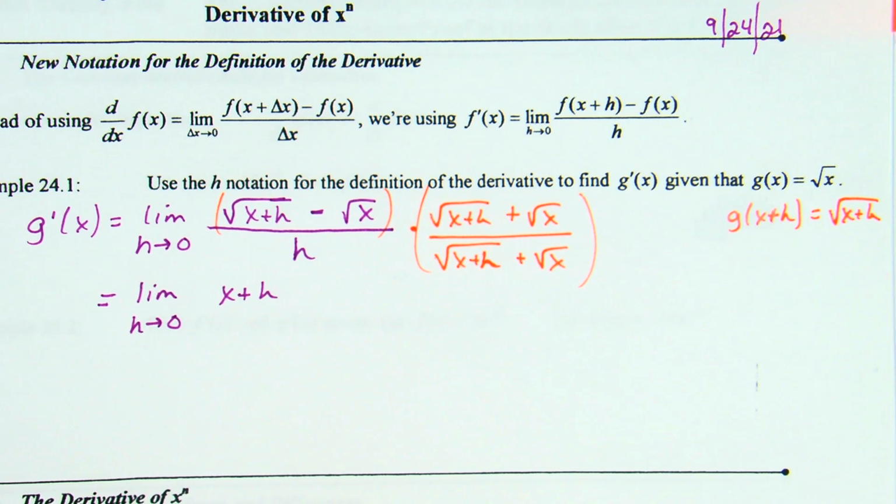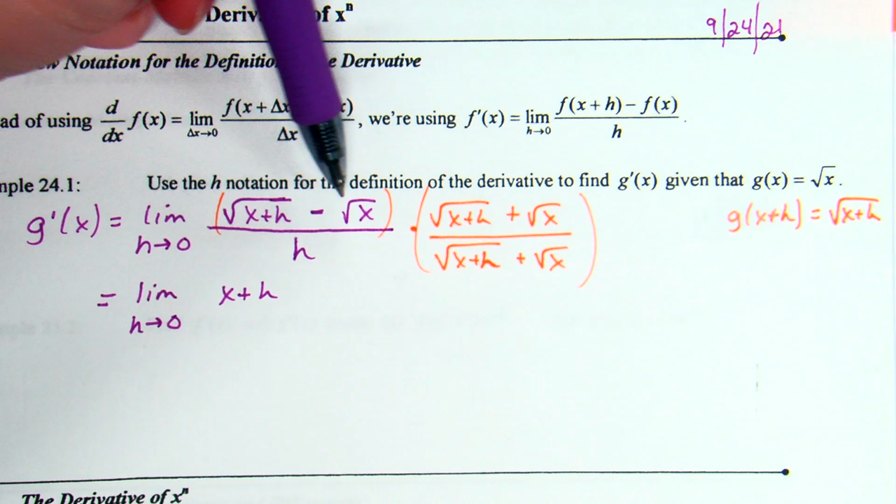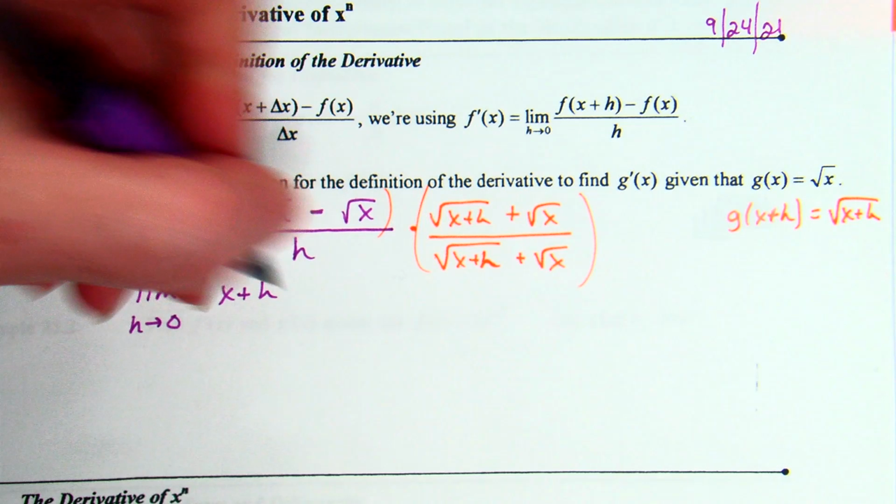Now, because these are conjugates, the middle terms cancel. Square root of x plus h times square root of x cancels with negative square root of x times square root of x plus h. That was first, outside, inside. Now we're ready for last: negative square root of x times positive square root of x, which is minus x.